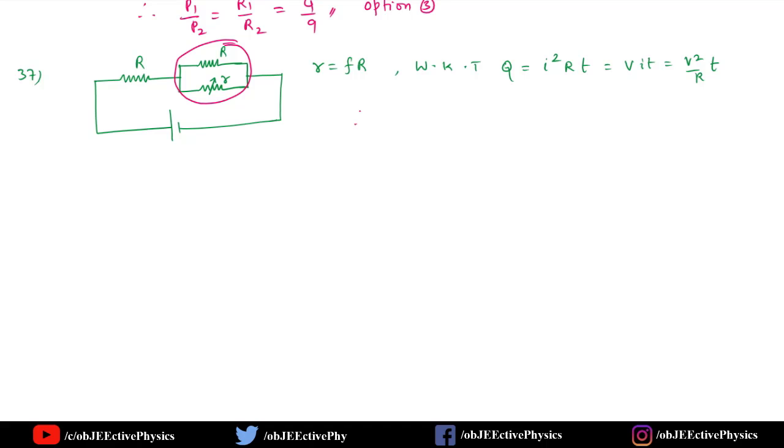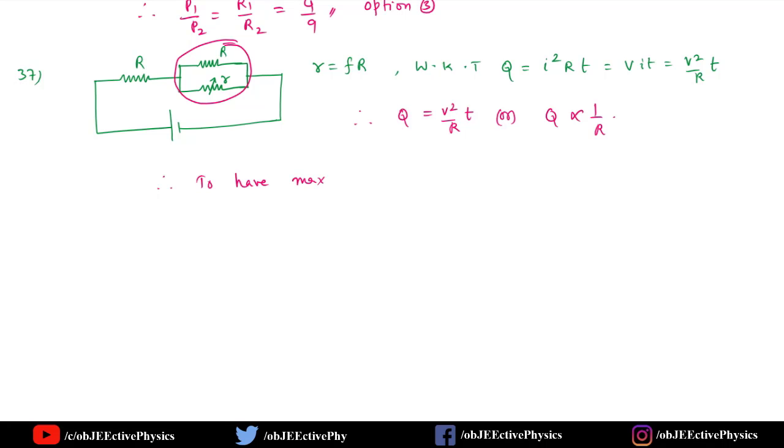So therefore, I can take the formula Q equals V square by R into T, because in a parallel combination the potential difference is constant. This can also be written as Q is inversely proportional to R.